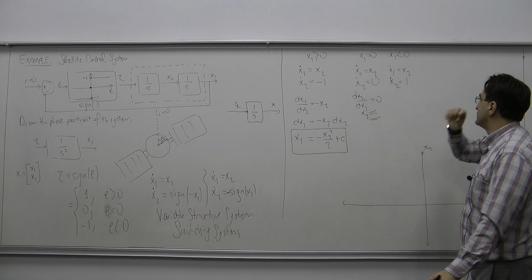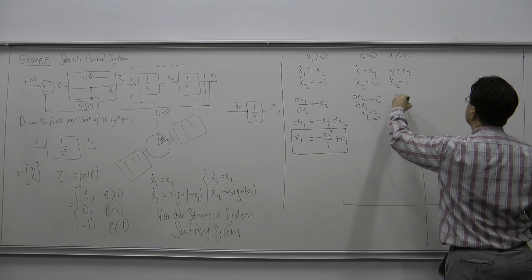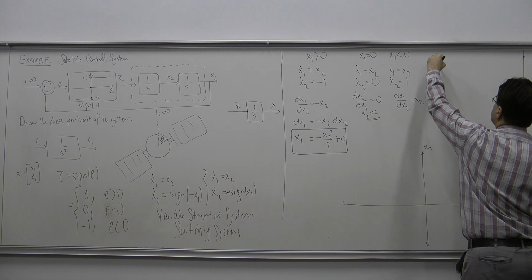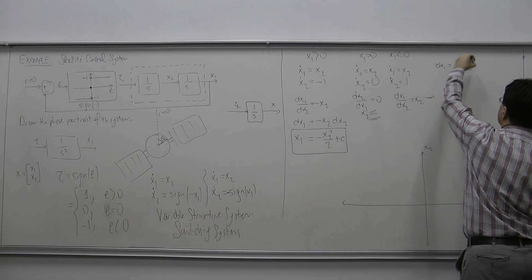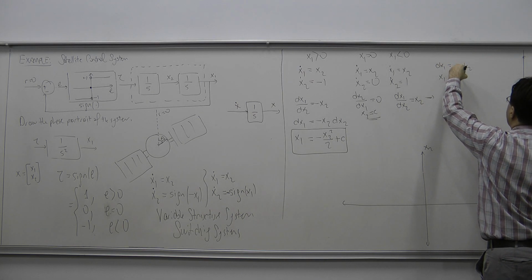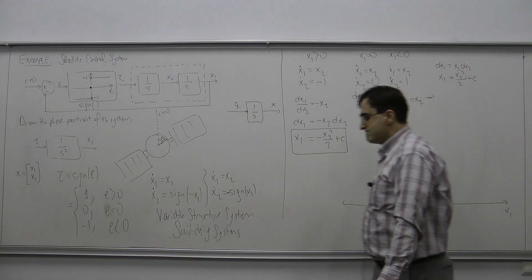So this part is not really going to be important. And this is dx1 over dx2 is equal to x2. And I can write dx1 is equal to x2 dx2. And integrating, x1 equals to x2 squared over 2 plus c. Okay?